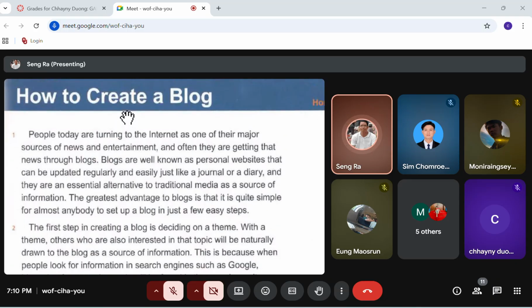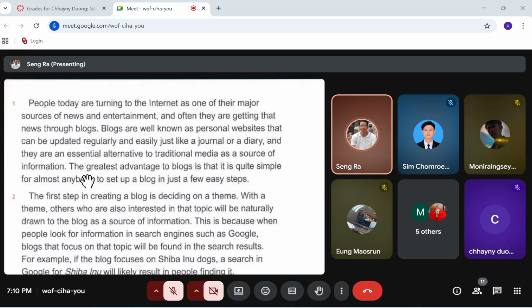As you can see, the title is how to create a blog. And here, the greatest advantage to blogs is that it's quite simple for almost everybody to set up a blog in just a few easy steps. So in the body, we'll have a few easy steps, possibly 3 steps.